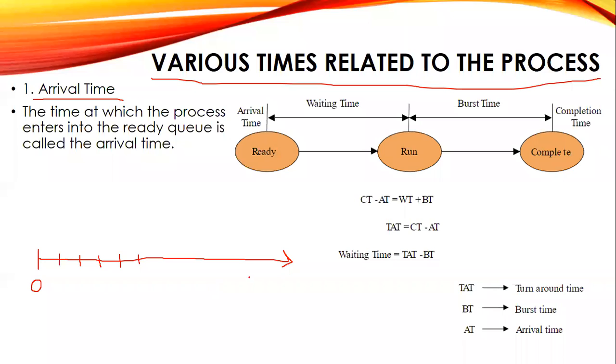Okay, so we are using a timeline for this kind of situations. So arrival time is the time at which the process enters into the ready queue. So when a process enters the ready queue at time 3, it means the process is in the ready queue at time 3 here. So this is called arrival time.